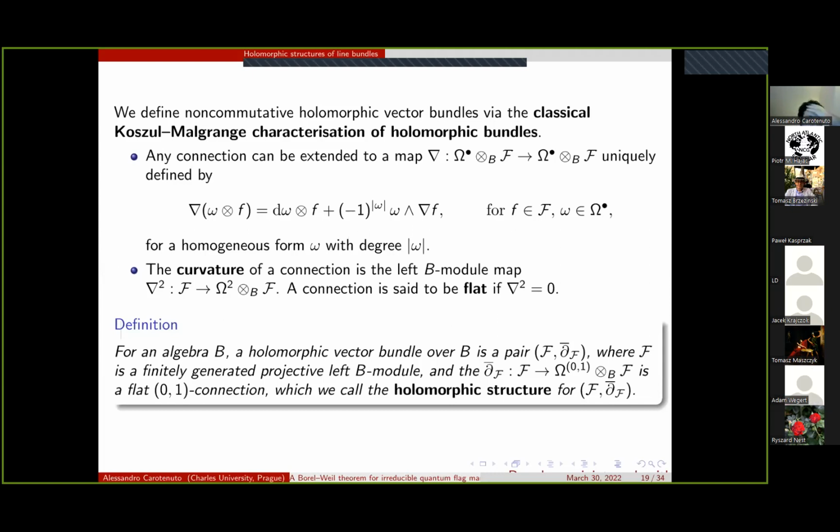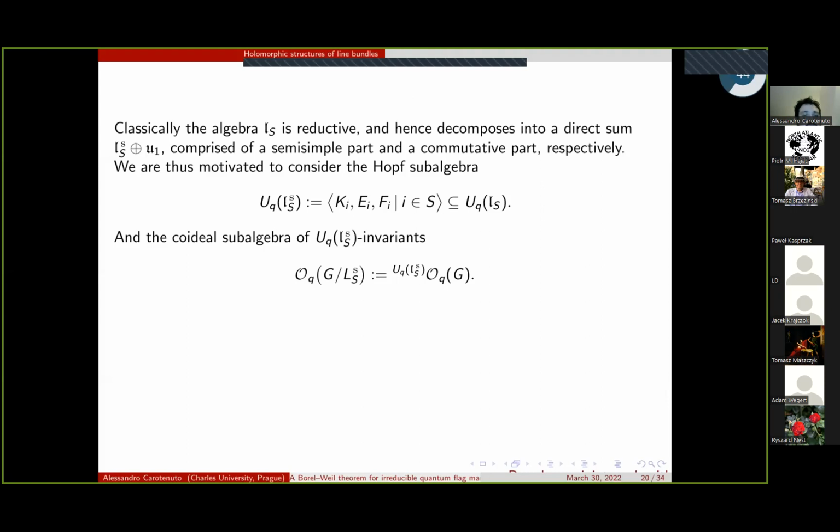Okay, so now we are going to build a bunch of B left modules with a holomorphic connection, which are going to be given by line bundles over the quantum flag manifold.